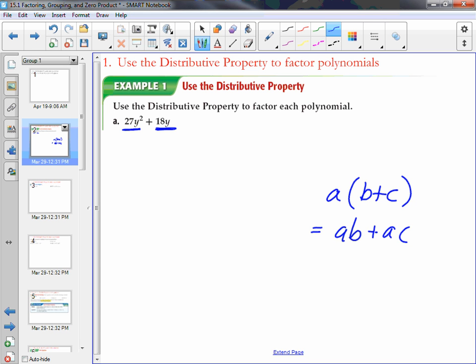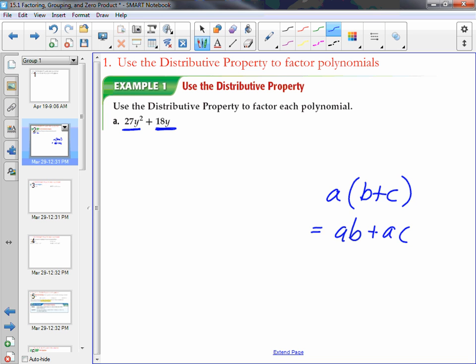So you look at the coefficients first, the 27 and the 18. So factors of 27 are, like 1 times 27, 3 times 9, okay? Factors of 18, like 1 times 18, 2 times 9. I didn't list them all. I'm just giving you some examples.